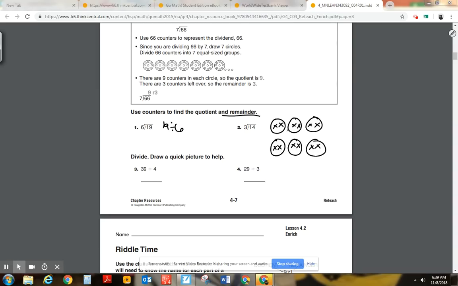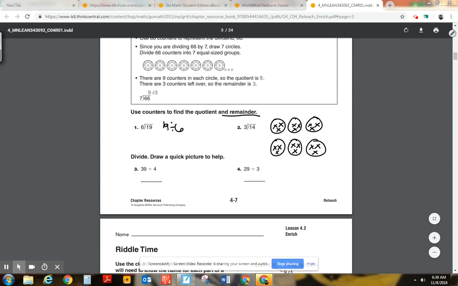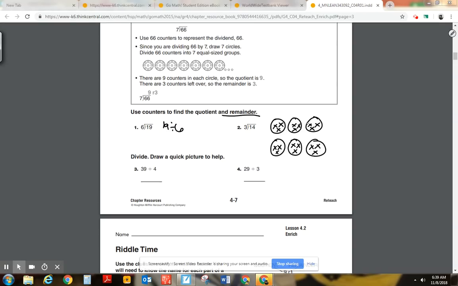Okay, so it still fits. So right now I have 18. Well, I want to get a total of 19, but I know that I can't put in this last one because it would mess up my equal groups. So I'm going to put it off to the side.